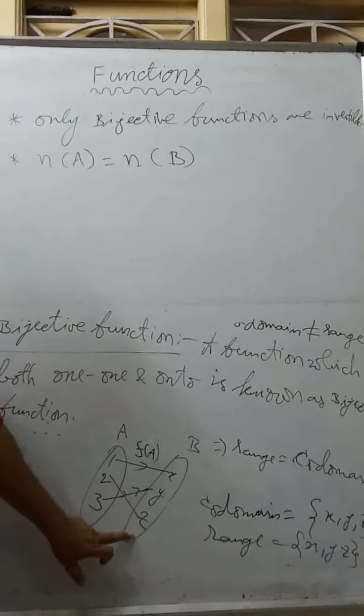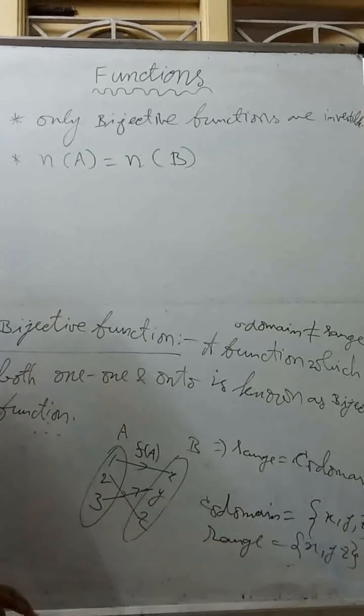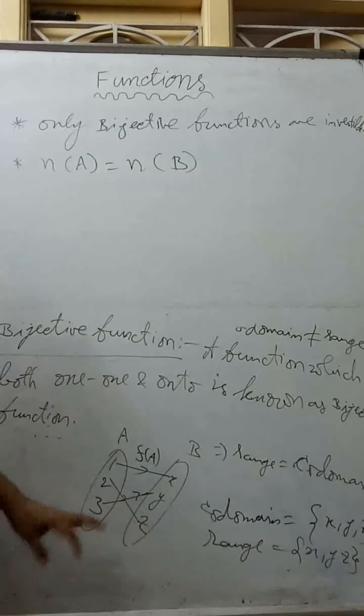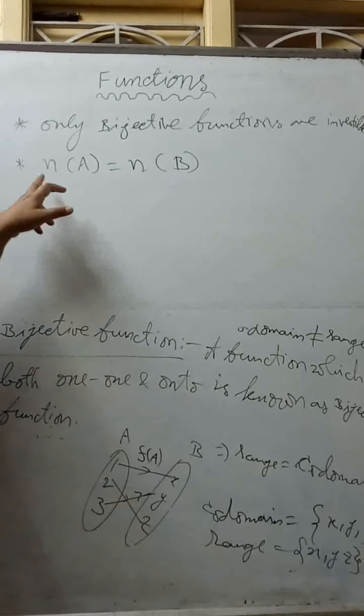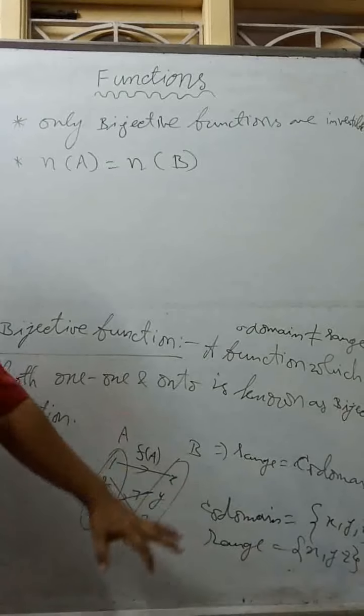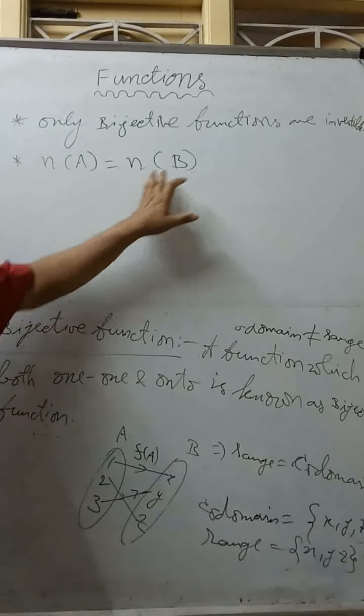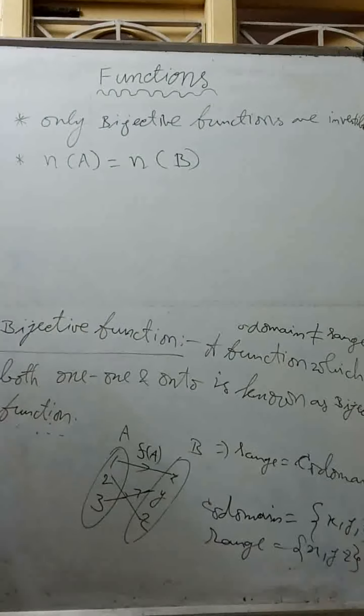Otherwise, if one more element is there, it's not onto but 1-1. To become bijective, it should be 1-1 as well as onto. Therefore A cannot be more than B, and B cannot be more than A, so the number of elements in A must be equal to the number in B.